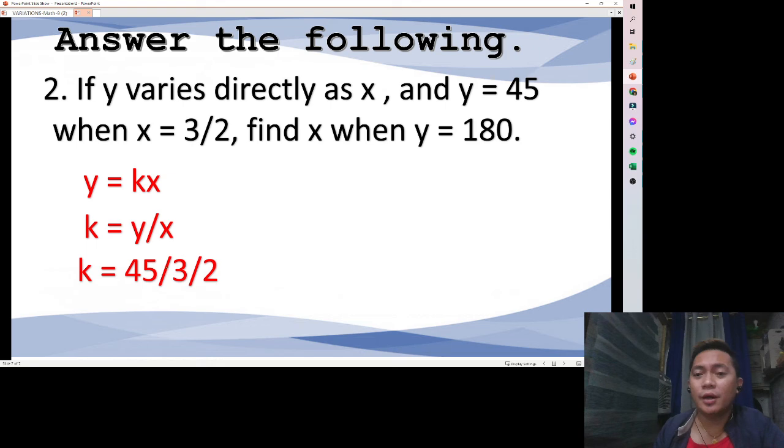So instead of division ang gagamitin natin ay multiplication. So that will become 45 times 2 over 3.